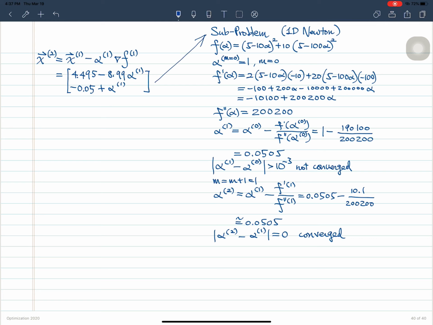Move to a subproblem. So, oh, 10 times. Okay, so here my gradient is different.